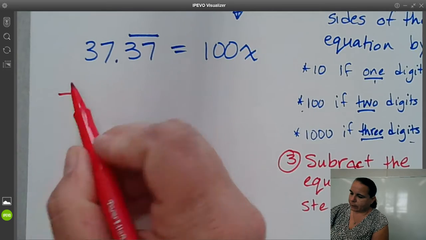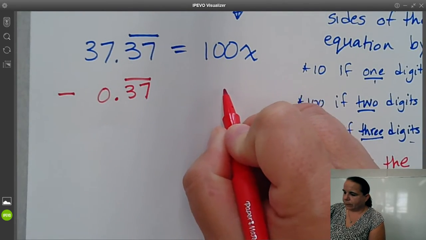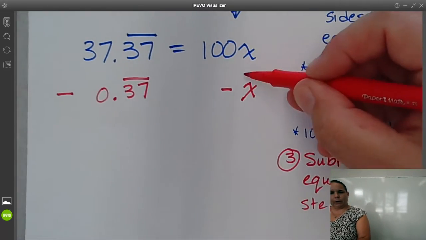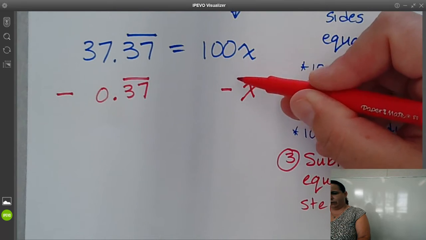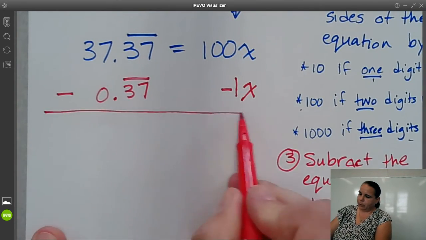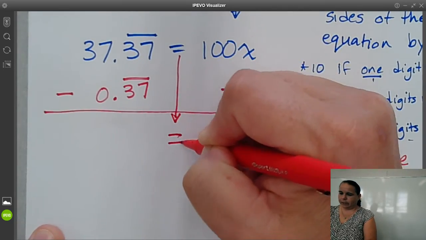So we're going to subtract 0.37 repeating on this side, and we're going to subtract x from this side. Now, in front of this x, if there's no value, we know there's an invisible 1. And now we're just going to simplify this equation. The equal sign stays there.